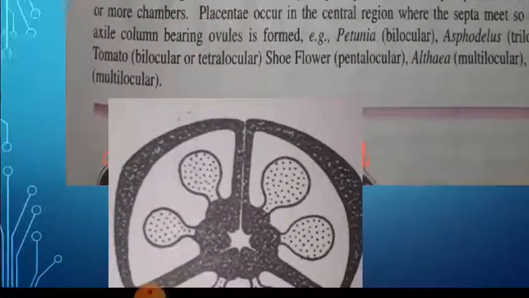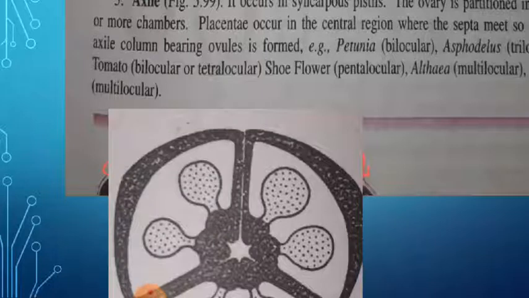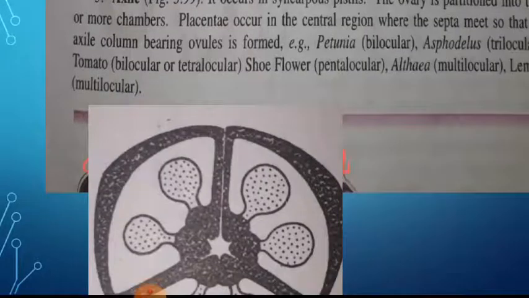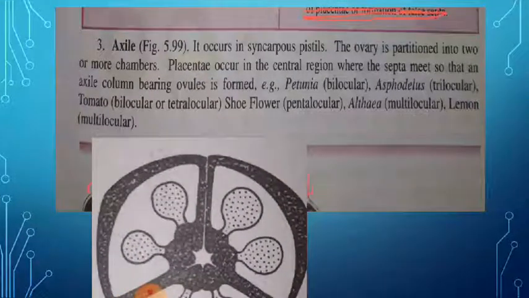Such an arrangement is axial placentation. It is found in Petunia, where it is bilocular, in trilocular plants, tomato, bilocular or tetralocular, china rose, pentalocular, and lemon, multilocular.